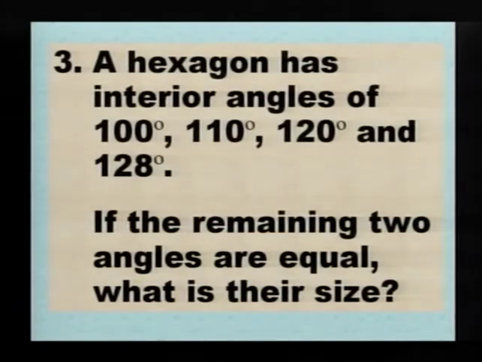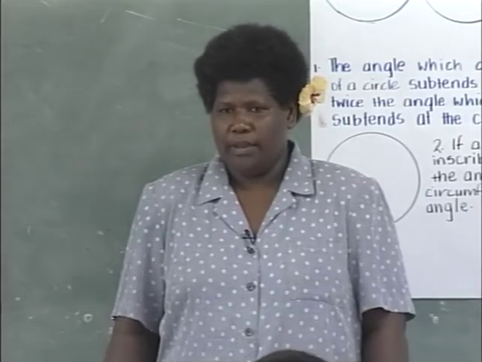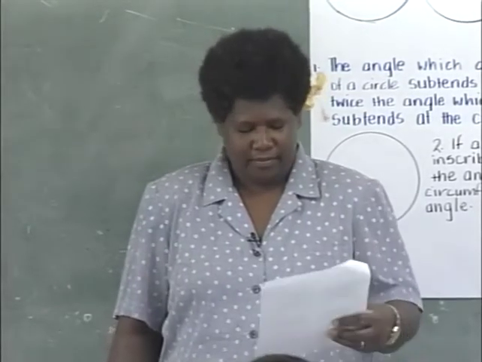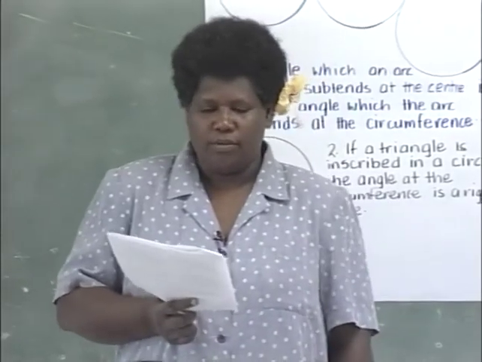Number 4, each interior angle of a regular polygon is 150 degrees. How many sides does it have? Hekoi. 12 sides. You could have done this without much working out.